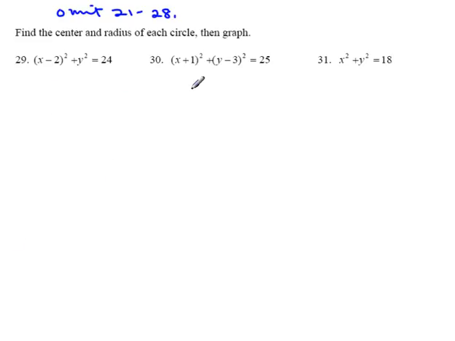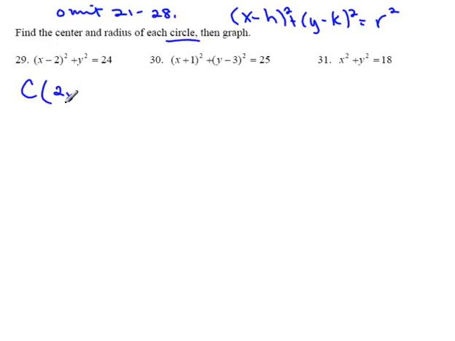Find the center and radius, then graph. These are circles. So recall that the equation for a circle is x minus h squared plus y minus k squared equals r squared. Okay, so again, if it's in parentheses here, we need to take the opposite of it. So the center, the x value would be 2, the y value would be 0. The radius would be the square root of 24, which of course you need to simplify. That simplifies to 2 square root of 6.